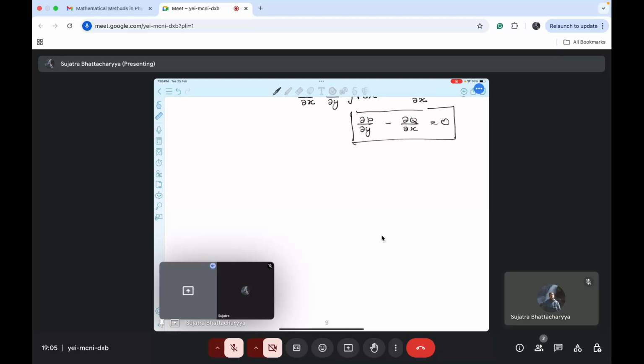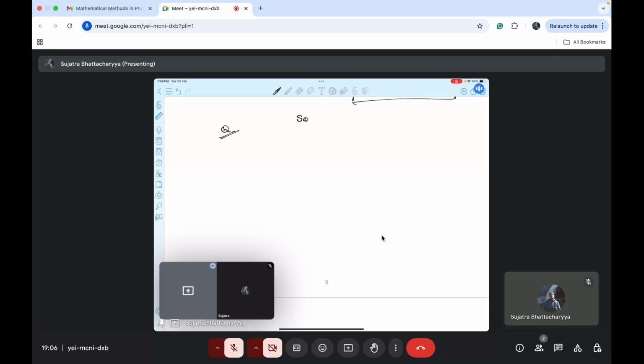Okay, now let's check one question about the exact differential equation and how we can use these conditions to solve an exact differential equation. So just mention this is the solving exact differential equation.